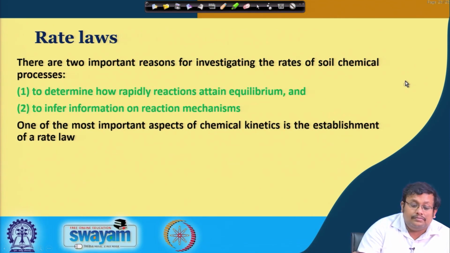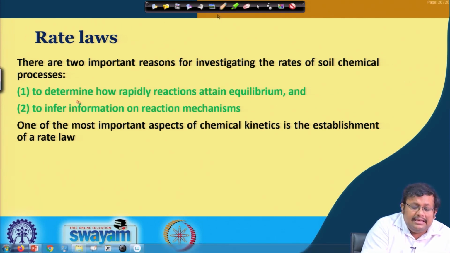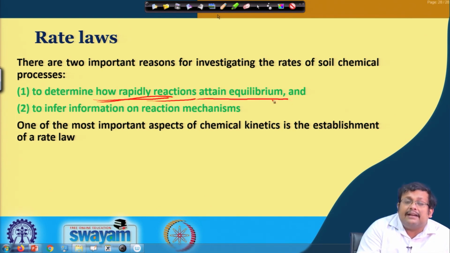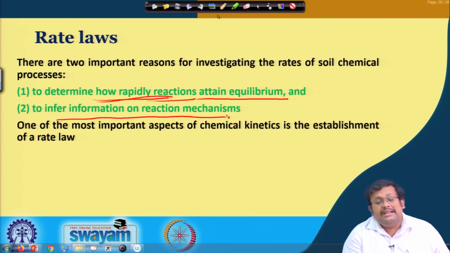Now, the rate laws. There are two important reasons for investigating the rates of soil chemical processes. What are those two reasons? First of all, to determine how rapidly a reaction attains equilibrium, and to infer information on the reaction mechanism.